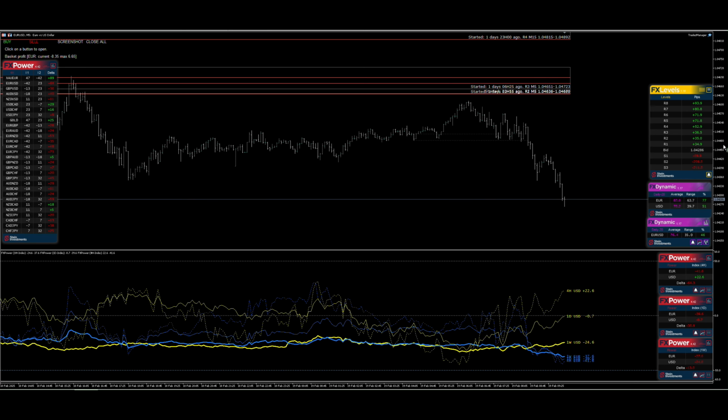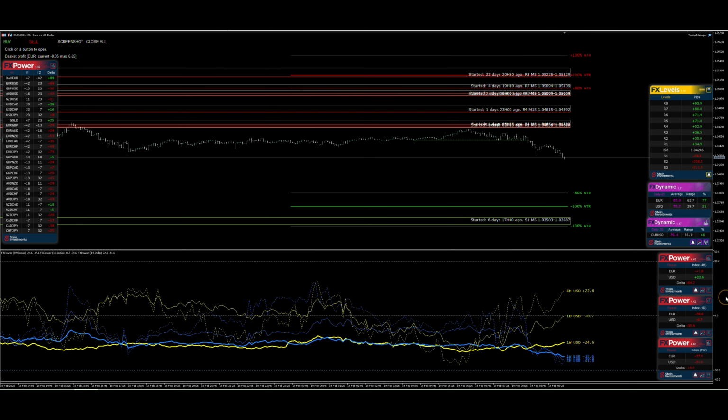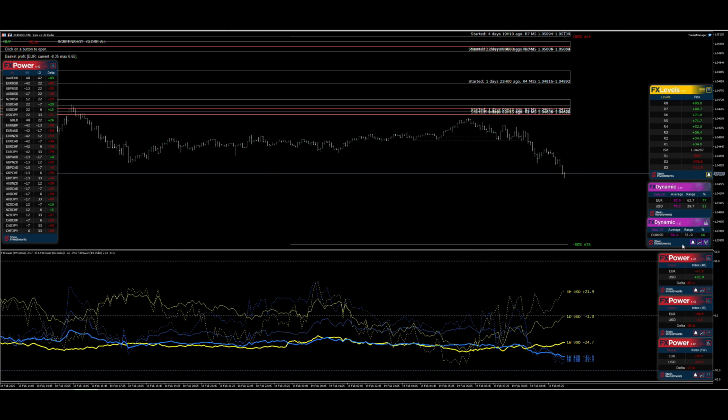I would prefer a bit wider stop loss, and there is still plenty of space to the downside because we have only 46% ATR reached today. And so I would say we place our stop loss here and target the 80% ATR on the downside.